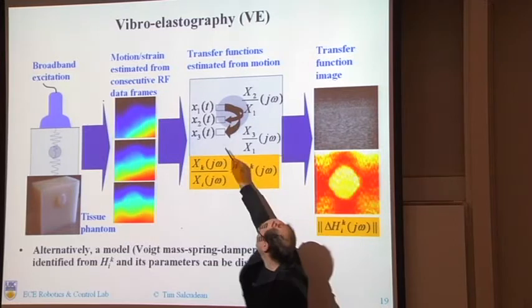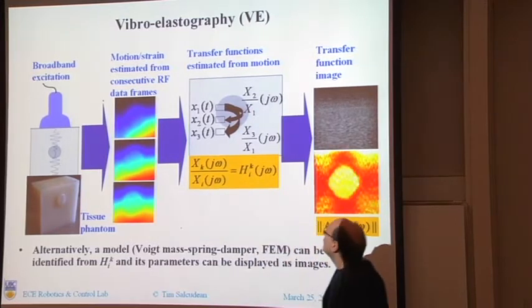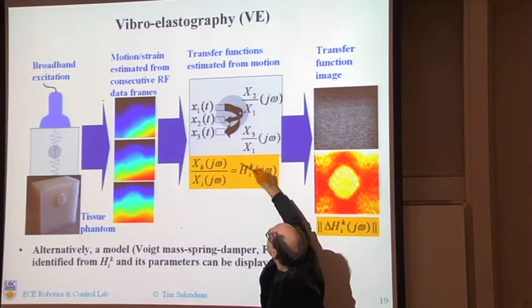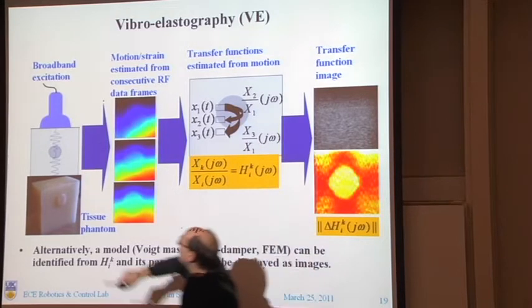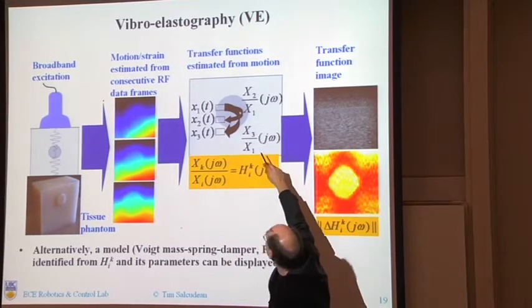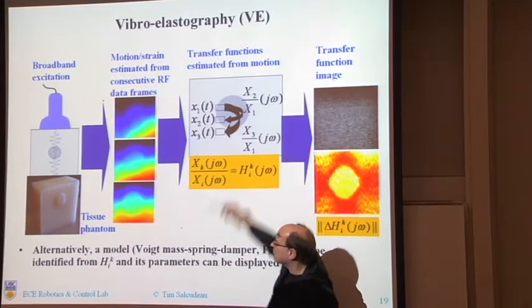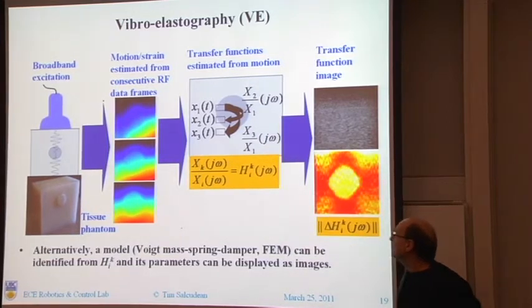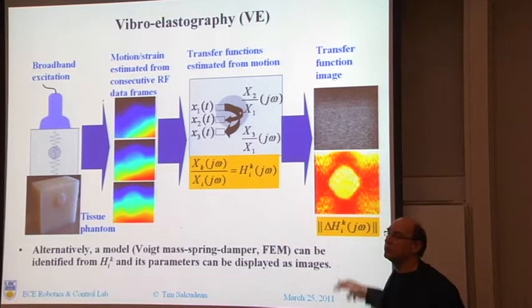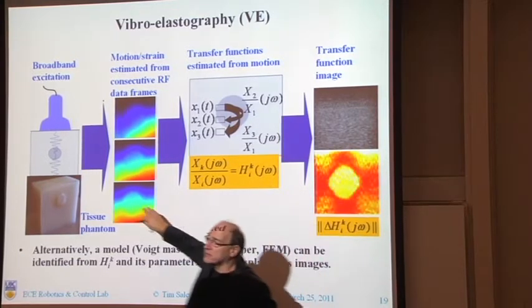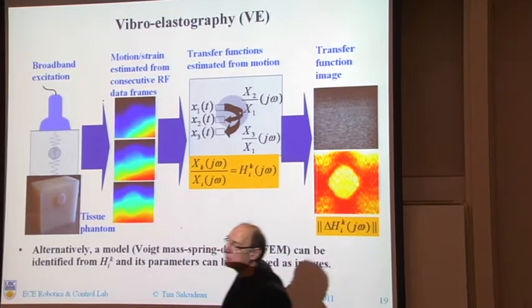Then you take tissue patches and find their trajectories as a function of time, and relative to a reference, which could be the motion, acceleration or velocity of the probe, you find the ratio of displacements of the tissue patches. That ratio gives you a transfer function. On that transfer function you can put any norm you want, like an L2 or an L infinity norm, and get an image which is much, much more stable and nice than what you get from the strain image.